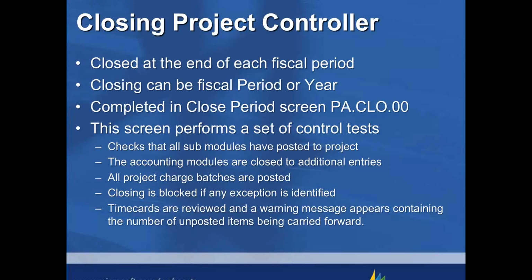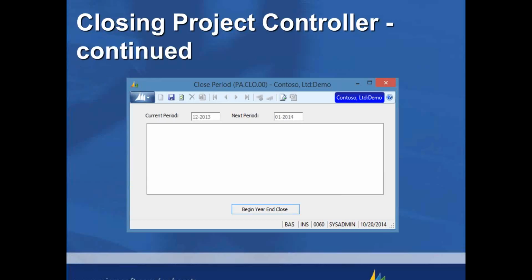And it will note that to you in a screen. As you run it, it puts it in the note information there. For time cards that have not been reviewed, a warning message will appear, but it will let you go forward with that. So this is the closing screen in Project Controller.